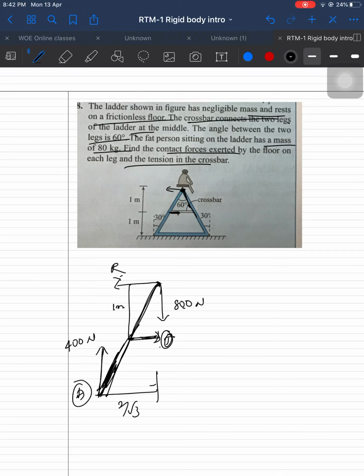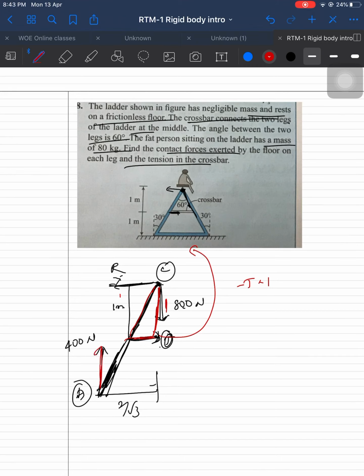So it is better to consider the point C here. If we consider C, then R becomes 0, and the torque due to 800 also becomes 0. Now only tension is remaining. Because of tension, about this point it goes in the anti-clockwise direction, so minus T into 1, since the perpendicular distance is 1.